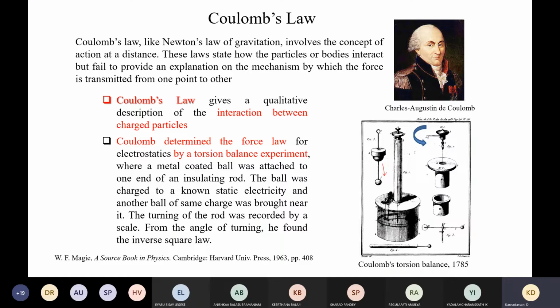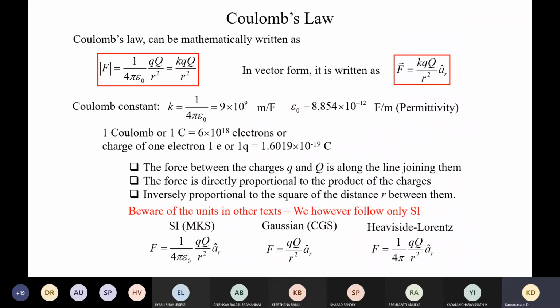What he did was vary the charge density between two charged bodies, and as he kept changing it, the force became higher and higher. At the same time, when the distance is increased, it follows the inverse square principle. So he came up with Coulomb's law, which very much behaves like the law of gravity itself.